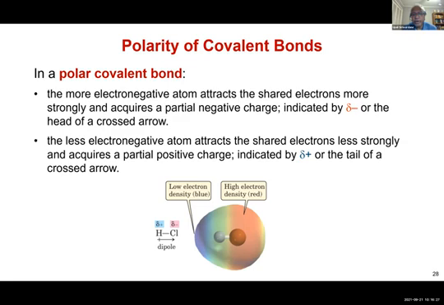Chlorine has more electrons. Normally, if it is non-polar, it's equally shared. The circle is encompassing both atoms, but the circle is now shifted towards the more electronegative atom, indicating more electron distribution towards the chlorine atom.